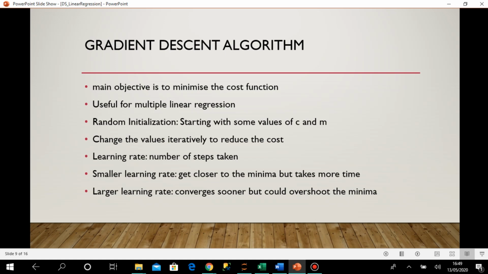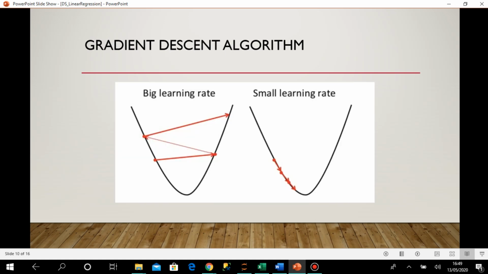What does that mean? If you go to the diagram again, suppose this case is a big learning rate, meaning I am making big changes at a time. Suppose I was at this point, and I change the bias and slope in such a way that instead of going here, it directly reaches this point.